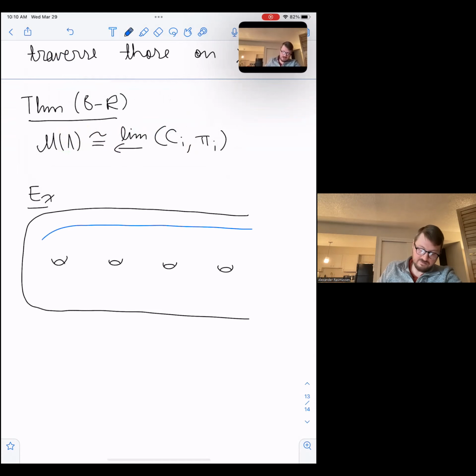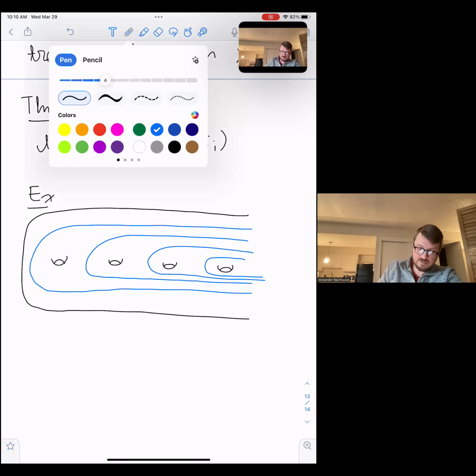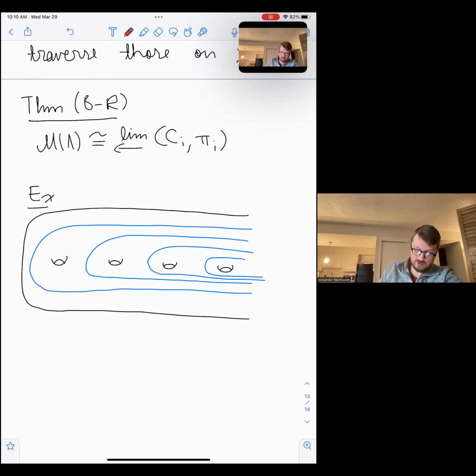It's just going to have leaves like this. And I'll take the same exhaustion that we had before. Now you might be able to guess what the cone of transverse measures is without doing any computation at all. So you can think about that if you like. But I want to run through the computation just to make sure the theorem works.